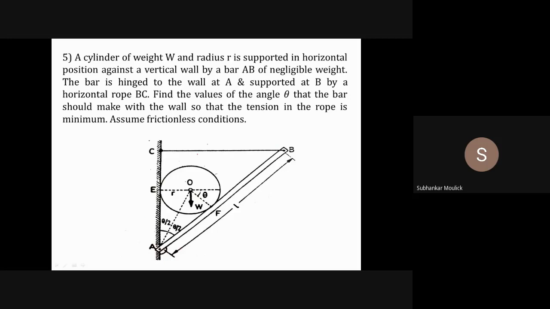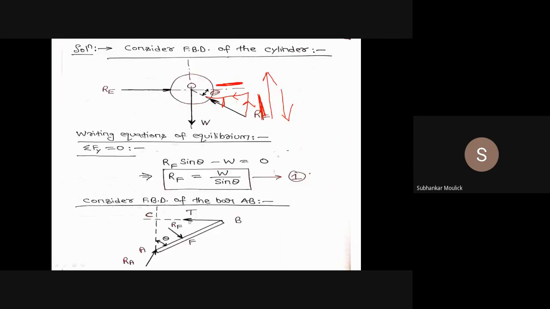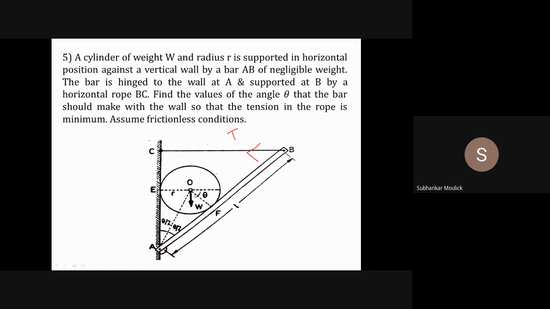We can see that at the end point B, tension will be exerted. This is that tension T. Then the bar is in contact with the cylinder at point F. So the cylinder will exert a reaction back on the bar along the line of action OF.